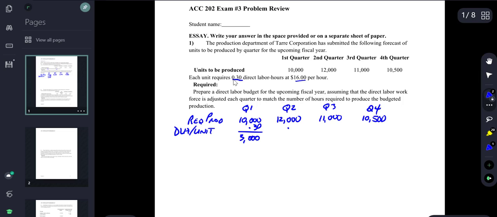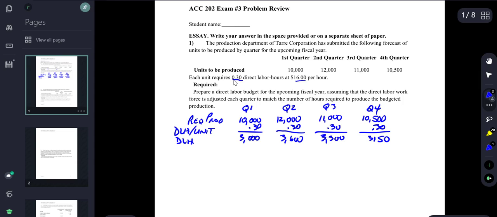And here we'd have 0.30 times 12,000, that'll be 3,600. 0.30 times 11,000 will be 3,300. And then 0.30 times 10,500 will be 3,150. These are direct labor hours.